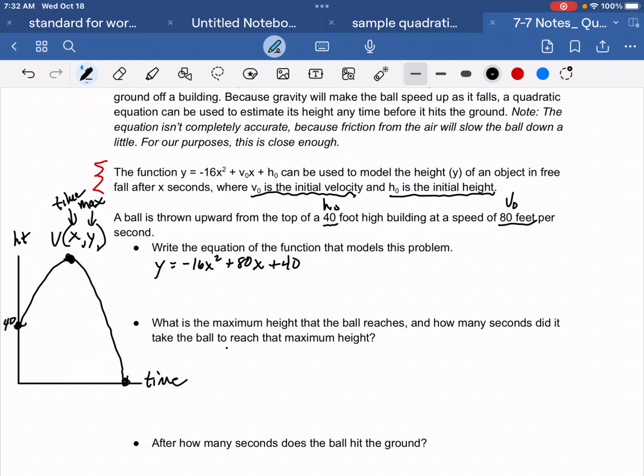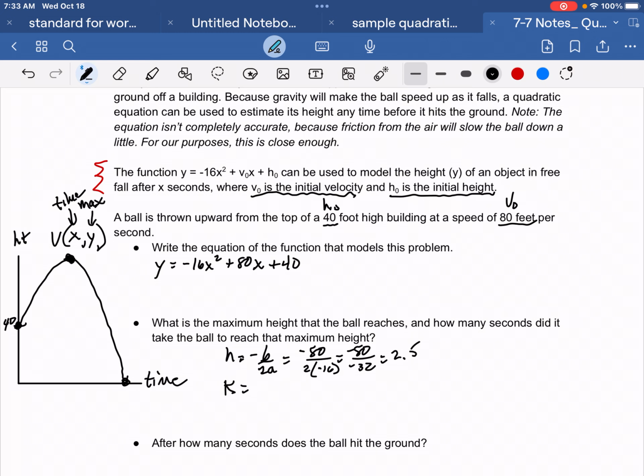Well, h is equal to negative b over 2a. So if I take that to mean negative 80 over 2 times negative 16, that's negative 80 divided by negative 32, and it comes out of a calculator as 2.5.